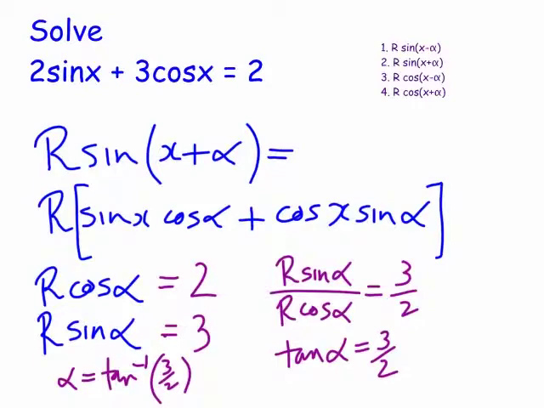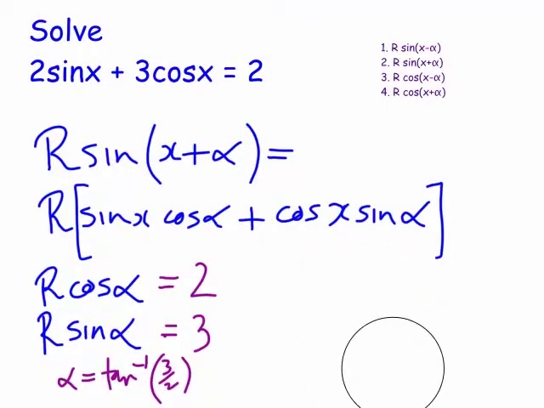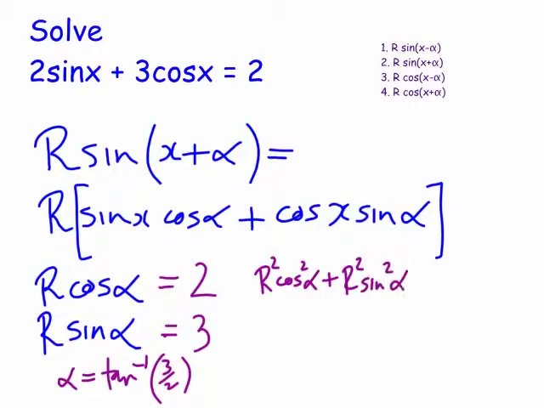How about the r? Let's have a quick look at how we get the r. Now how are we going to get the r? Well, if we square both sides and add them, we're going to get r squared cos squared alpha plus r squared sine squared alpha, that's equal to 2 squared plus 3 squared.